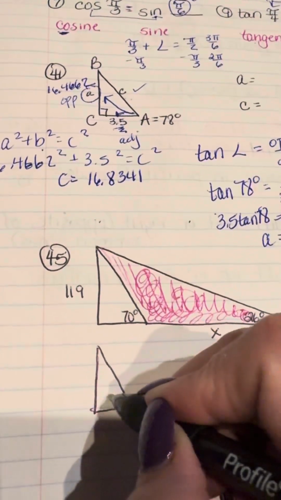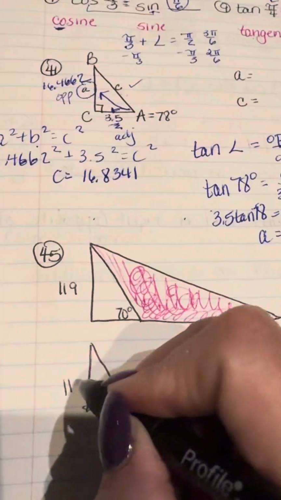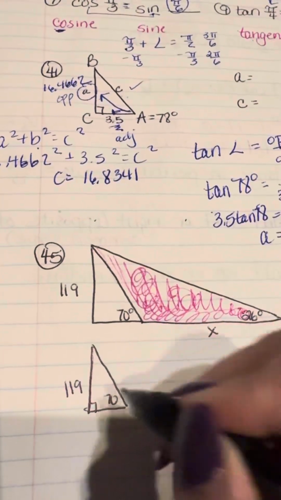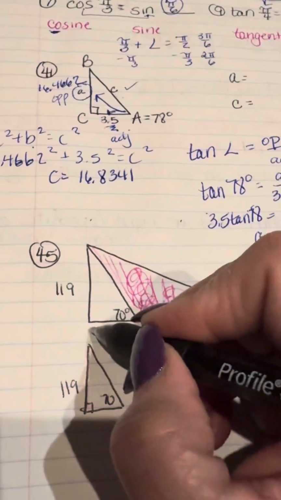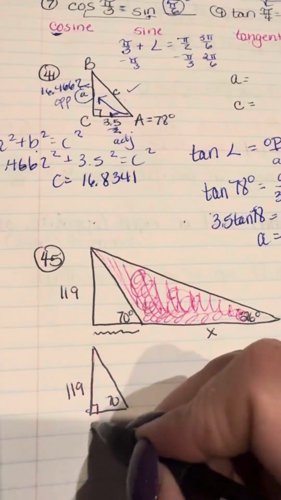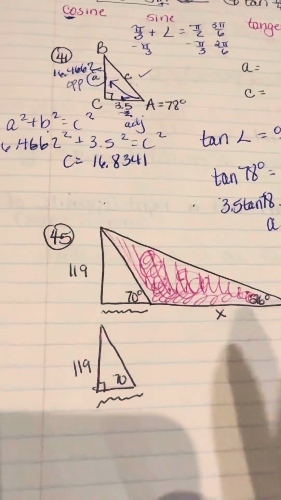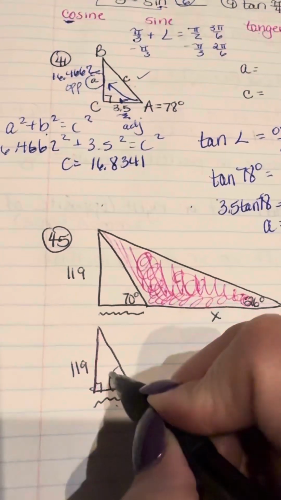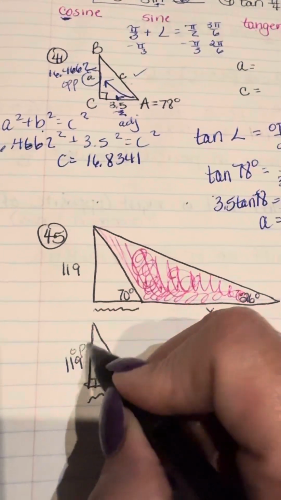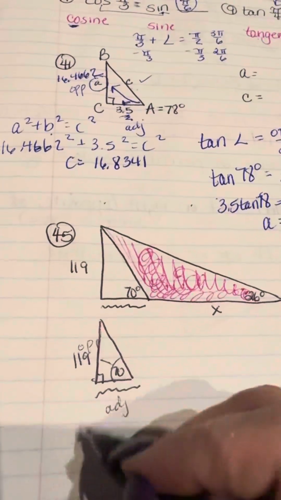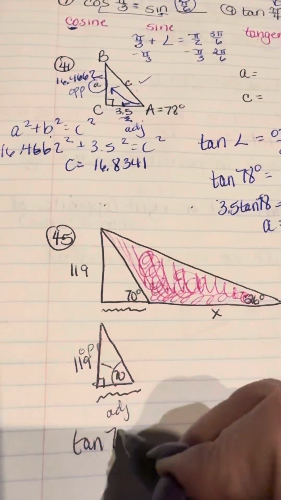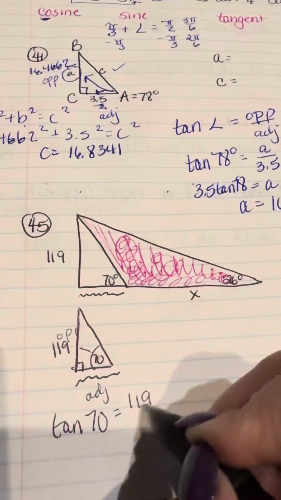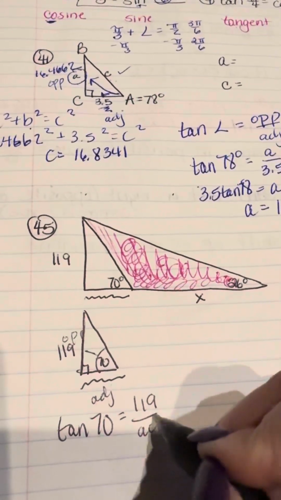this little tiny one, where I could find this little piece right here. So opposite over adjacent again, as we compare to this, we have the tangent of 70 equals opposite over adjacent.